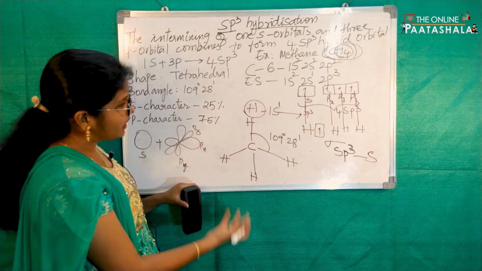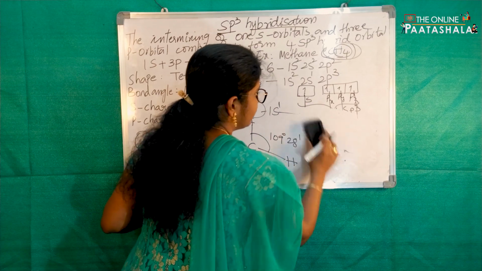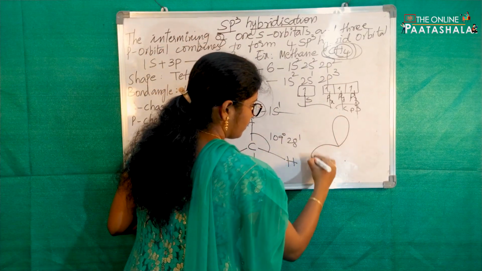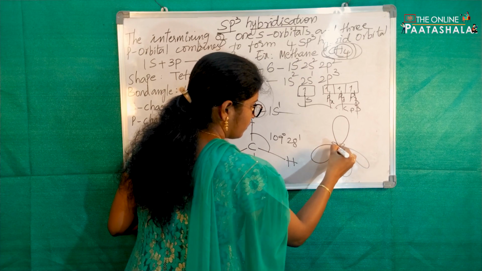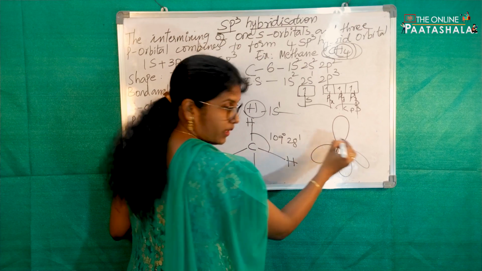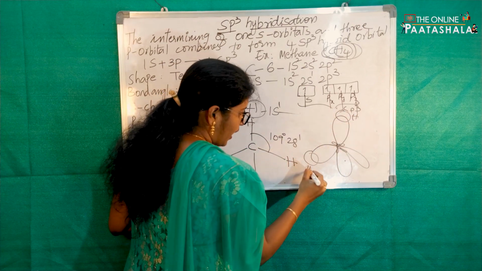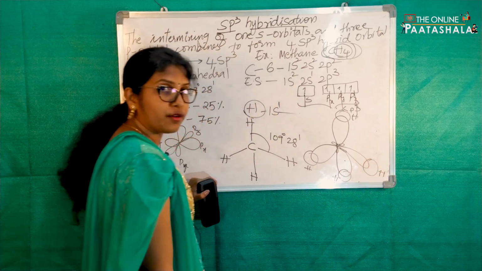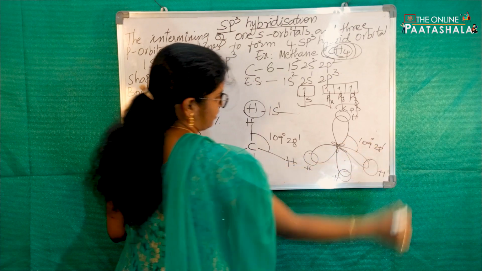Okay, you can also write it in another diagrammatic way. This is carbon, each bonded with the s orbital of hydrogen, hydrogen, hydrogen and hydrogen. Now the bond angle is 109 degrees 28 minutes.